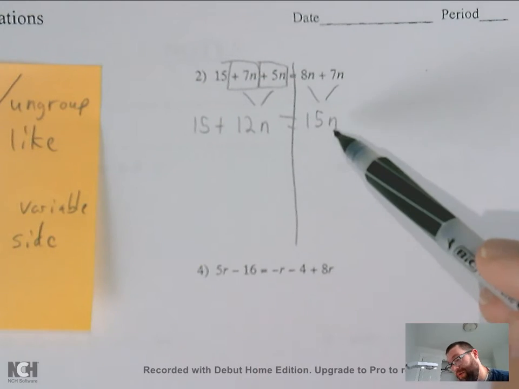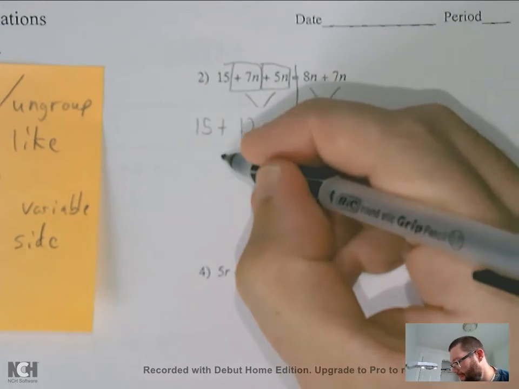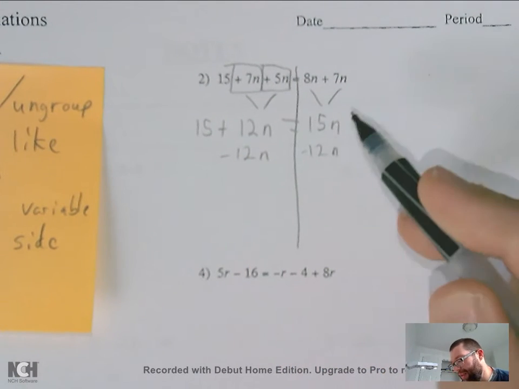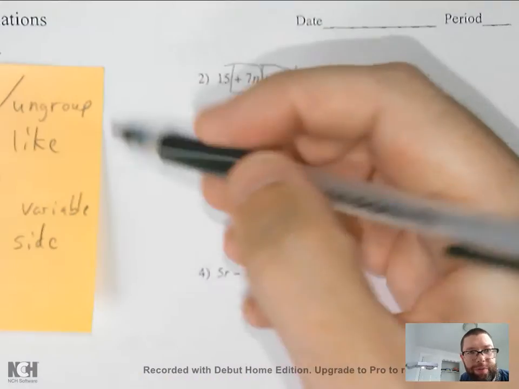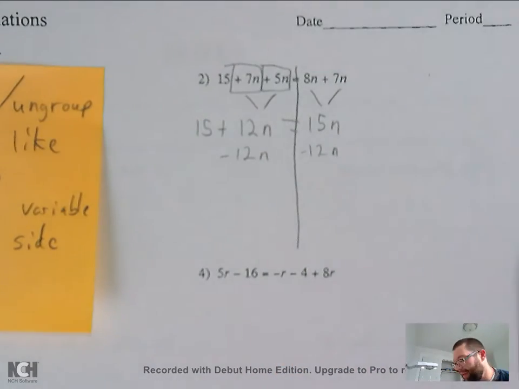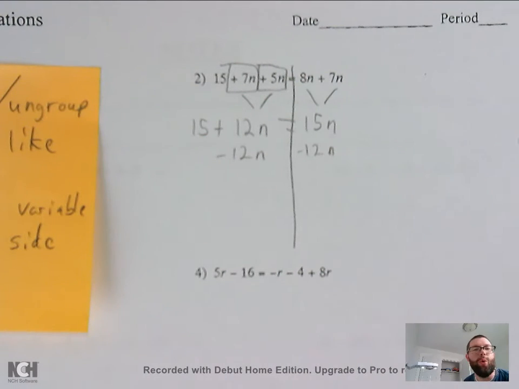So we want to move the 12n, so we subtract 12n from each side. If I moved the 15n, that would leave 0 and I'd have to move the number back over. It's possible, but you're just giving yourself more work to do.